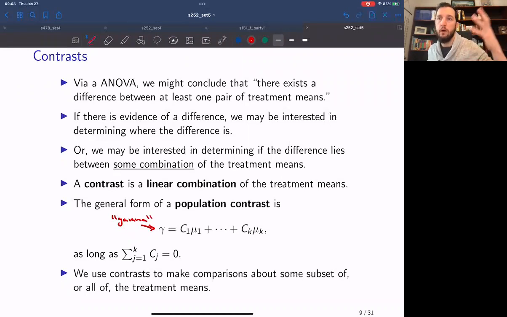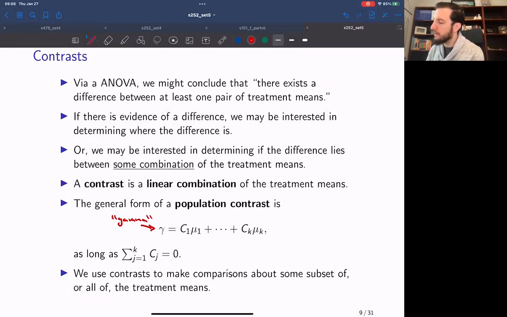So mu is a population mean, gamma is a population contrast. Inevitably, we're going to learn how to estimate gamma. The same way that we learned how to estimate mu using X bar, we're going to learn how to estimate gamma, and we're going to have a symbol to represent that estimate, which I think I call little c. Very creative symbol, small contrast, sample contrast.